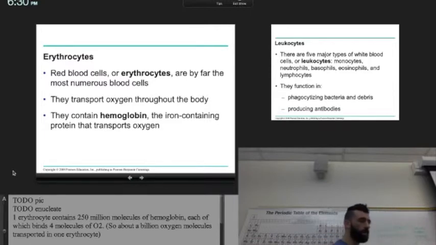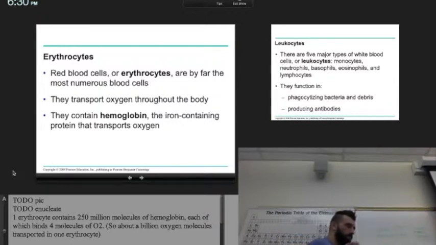They are enucleate, so they do not have a nucleus. They do not have mitochondria. So they are doing anaerobic respiration, which is kind of ironic because they're oxygen transporting, but they're not doing any aerobic cellular respiration themselves.